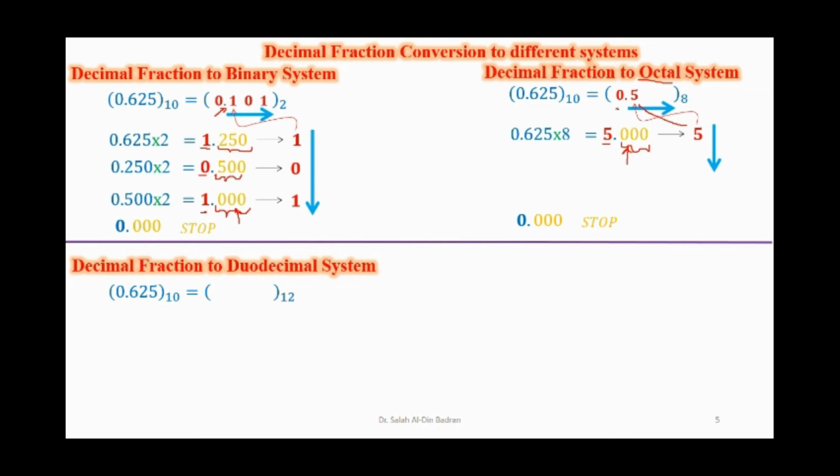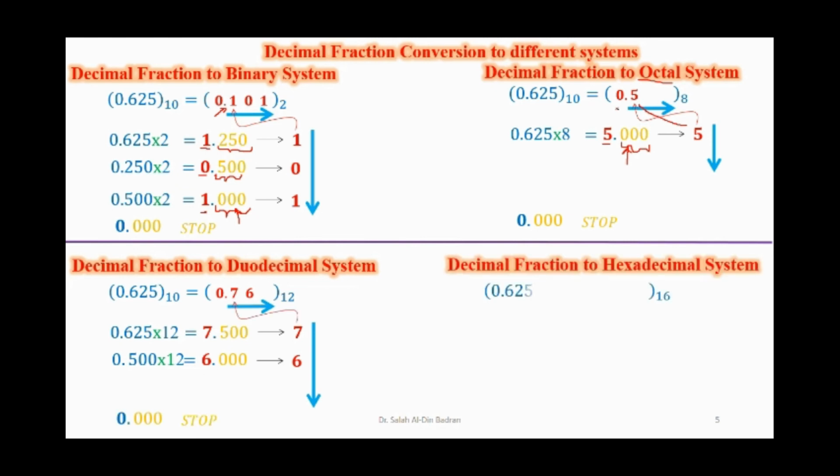Now converting 0.625 to the hexadecimal system. 0.625 multiplied by 16 gives a result, and you do the same thing and collect the numbers in the same way. Finally, this is a conversion of decimal fraction into hexadecimal.